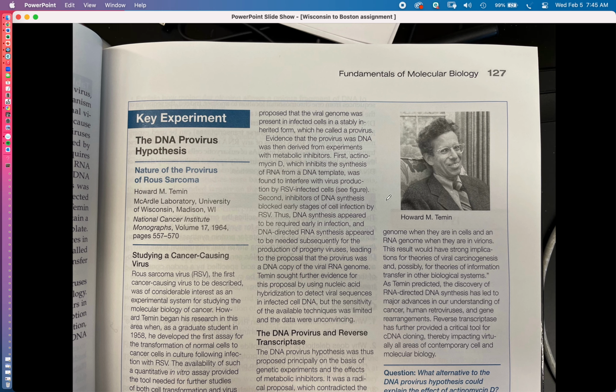So here's the guy, and again, you don't need to remember this guy's name. Here's the scientist that was working in Wisconsin, and he's in our textbook on a page because he's famous for studying what he studied in Wisconsin. So our textbook author was excited to go to Wisconsin and study in the snow in this guy's lab. And what this guy was studying was the replication, so how a certain kind of virus reproduces, that's called a retrovirus.